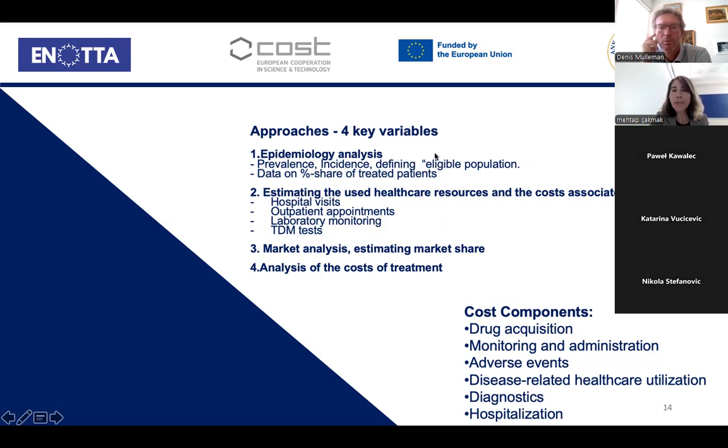In any of them, we should take into consideration the cost components like unit drug costs, monitoring and administration of this drug, whether it's subcutaneous or intravenous, or how we should implement it, possible adverse events related to these drugs, and disease-related healthcare utilization: diagnostics, hospitalization, surgery, or outpatient visits.